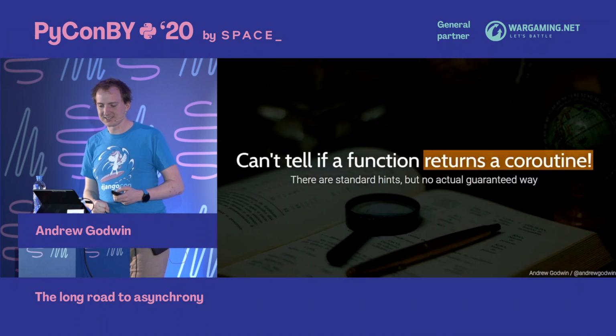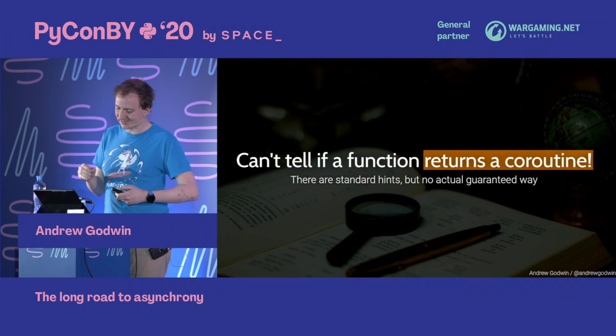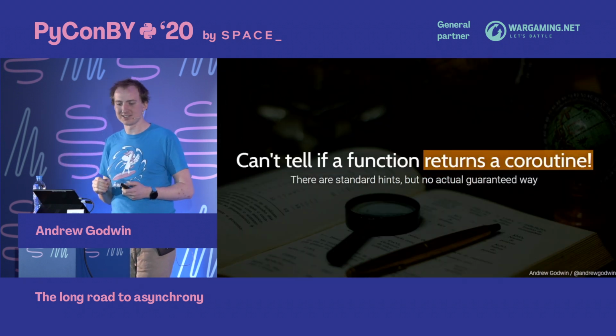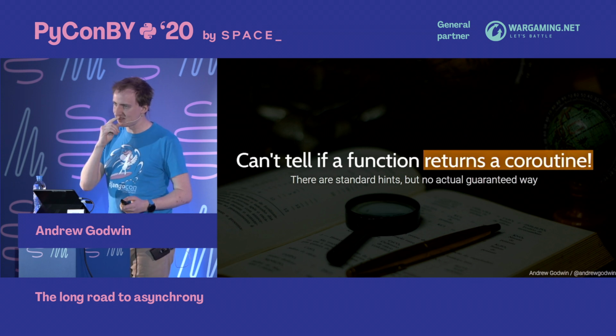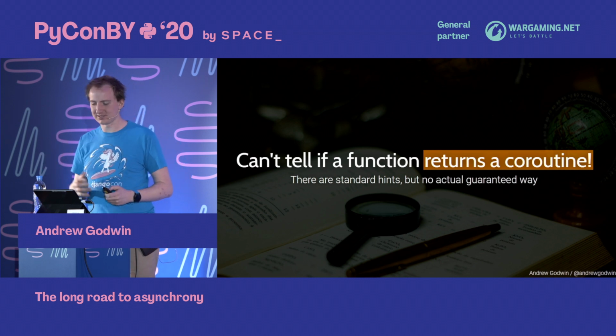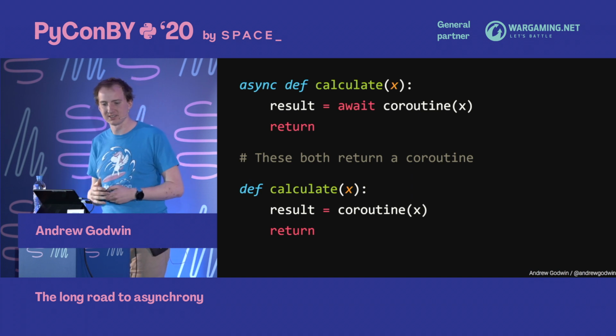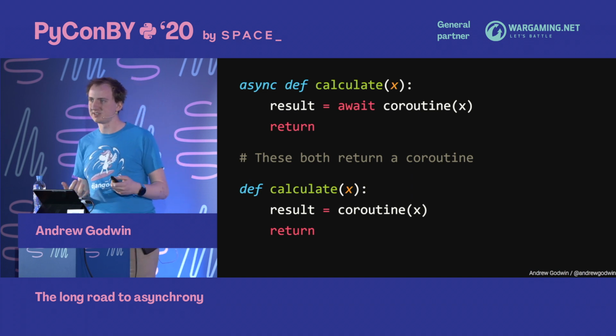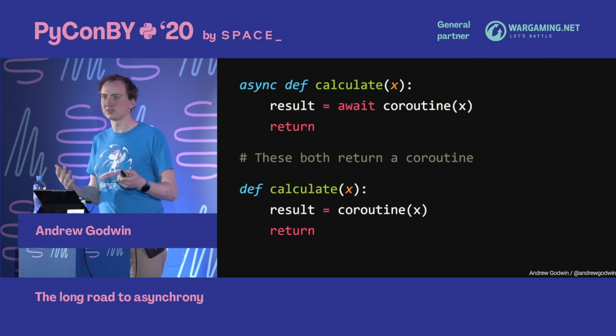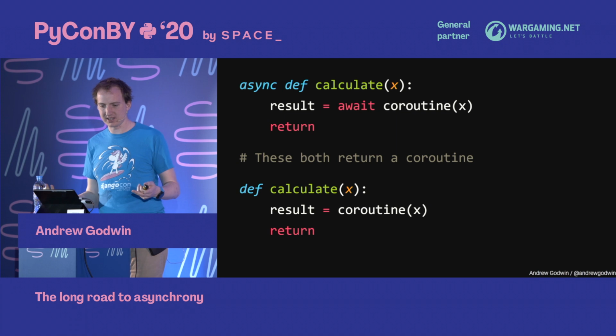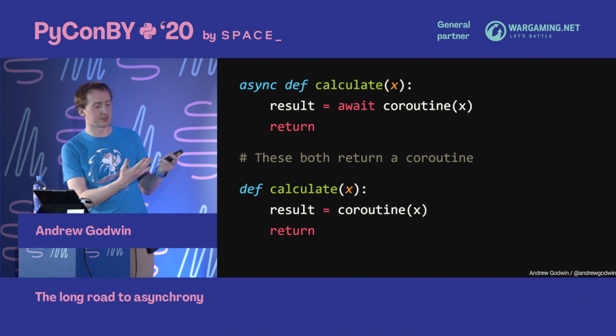The first one is you literally can't tell if a function returns a coroutine. Now, you think this would be obvious or doable, but here are two functions that both return coroutines. The first one is written in traditional, normal, asynchronous Python style. It is an async def. You can look at it and go, well, that's clearly an asynchronous function.